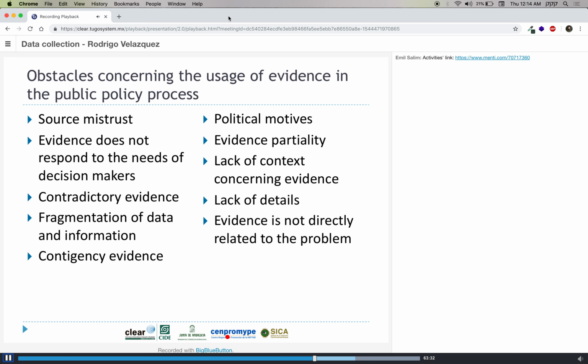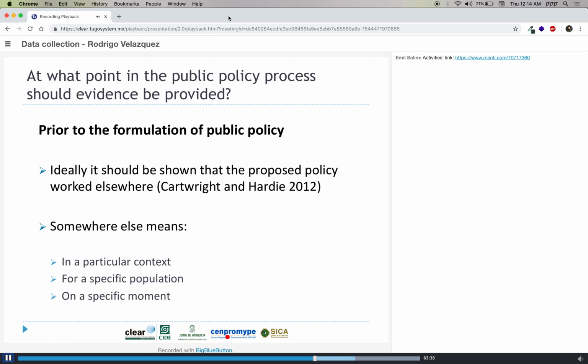So previous to the formulation of the public policy, which most of you said, and during this stage, it has to be showed that the proposed policy worked elsewhere. So the majority of the government actions that are implemented in the different sectors of the government were already implemented, or maybe just a version was implemented somewhere else.